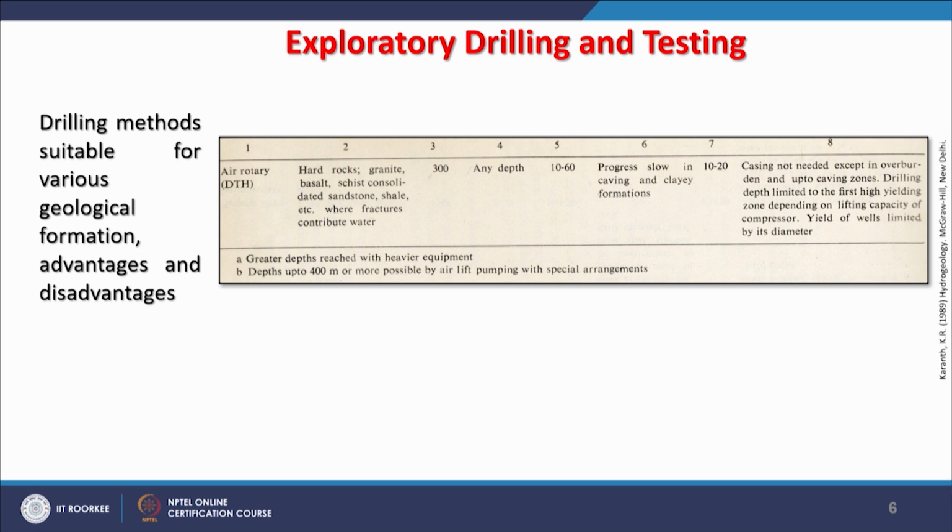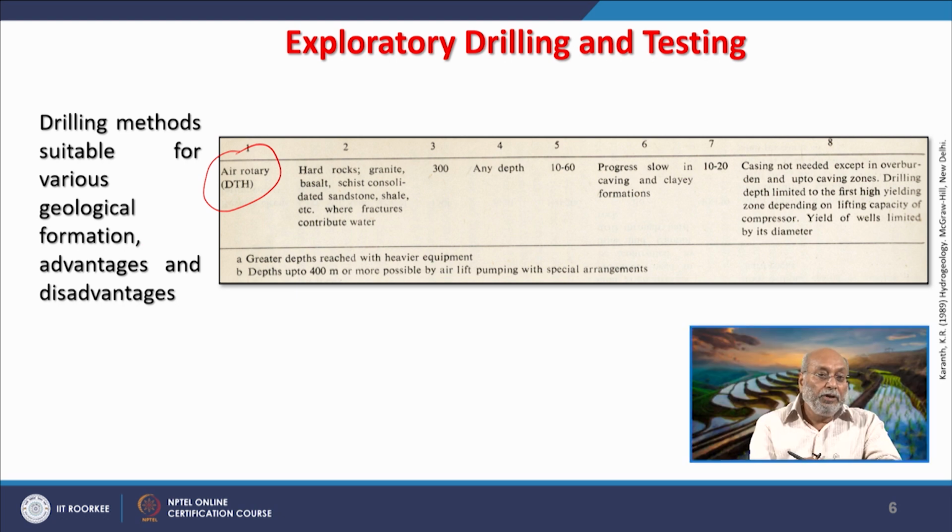Now, further there is a drilling method called air rotary, in which water is not used and just air through a compressor is sent. This method is good for hard rock terrain, and makes a lot of noise also, because it is cutting hard rocks like granite, basalt, schist, consolidated sandstone, shale, etc., where fractures contribute water. These are consolidated rocks, so chances of getting water are only in the weathered zone and fracture zone.